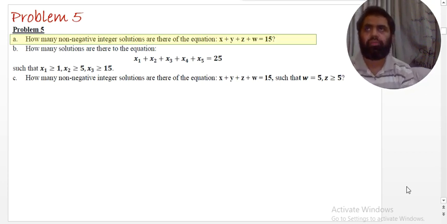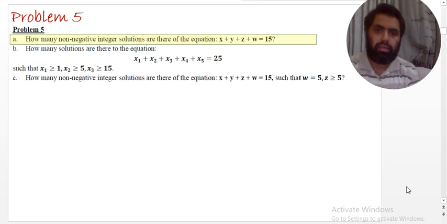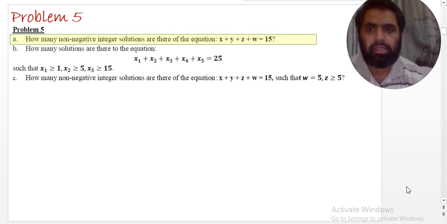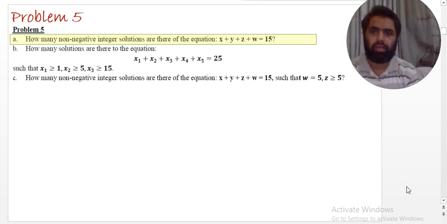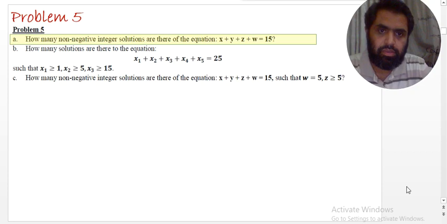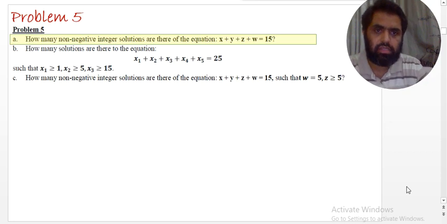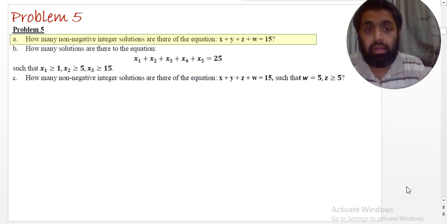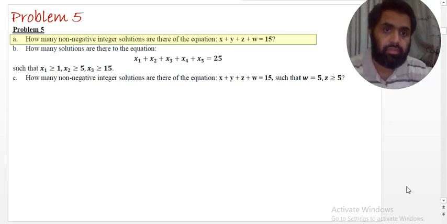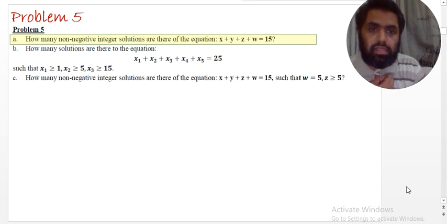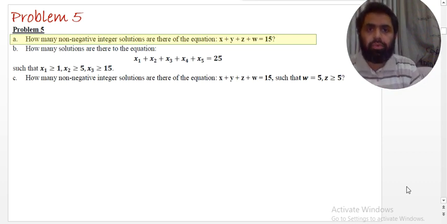We cannot have x equal to -1 or -2, but they may have 0 value. 0 is neutral, it's not positive, but it is non-negative, so 0 is included. So we may have x equal to 0 or y equal to 0 or z or w could be 0, or they may not be 0, but they should sum up to 15.